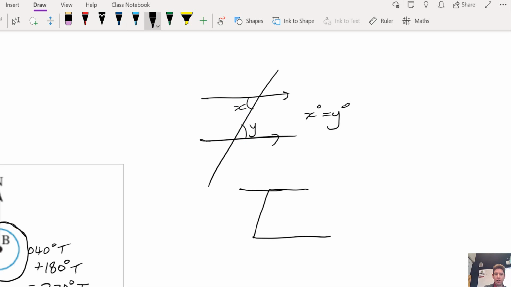You could have two lines like this, and these two, let's call them A and B, equal 180. Very good.